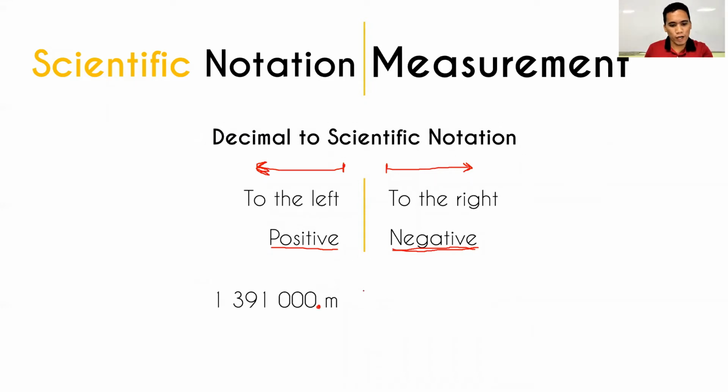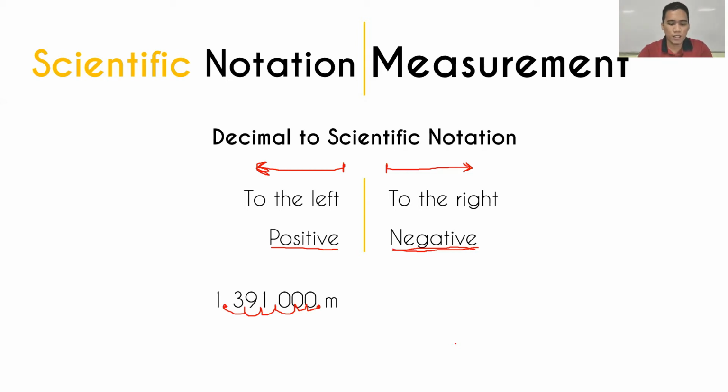Okay, so convert 1,391,000 to scientific notation. Just simply move the decimal point. So count 1, 2, 3, 4, 5, and 6. At 1.391, we moved 6 places to the left.